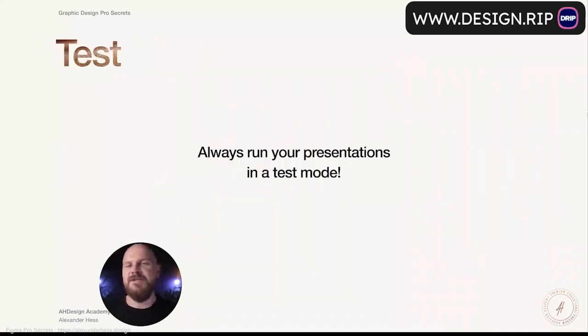Once it's done, the presentation is done. But now it's time to test it and to go step by step through all the slides to understand that everything is perfect. Everything is exactly what we want to say, the way we want to say, and the way we want to present it. Okay, cool. So we test it, everything is perfect, we love it.